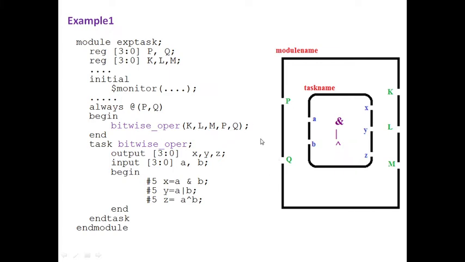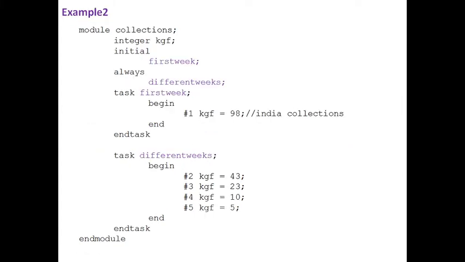In this manner we can realize how a task is used in our Verilog HDL behavioral abstraction modeling. Let me take one more example for the task. So here I have a module named collections, and I have taken a variable kgf, which is of type integer, and two blocks, initial and always, which I have used here.